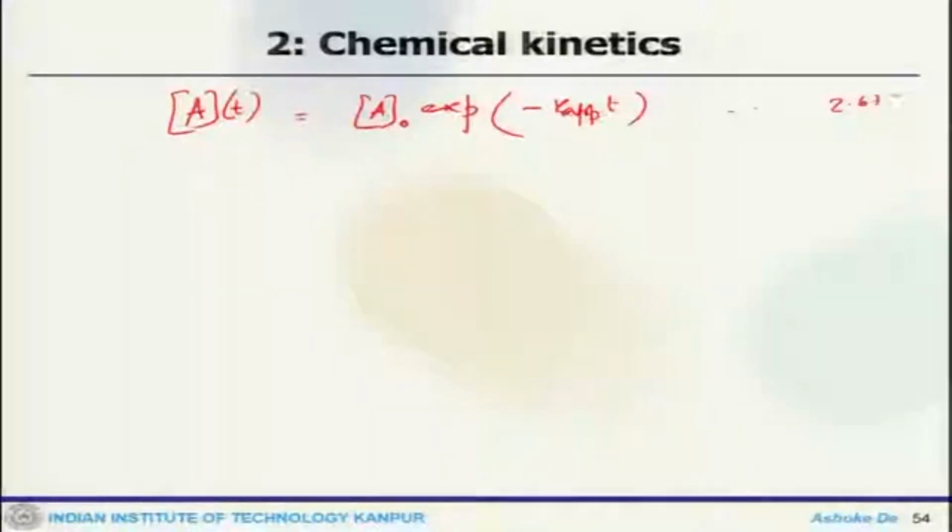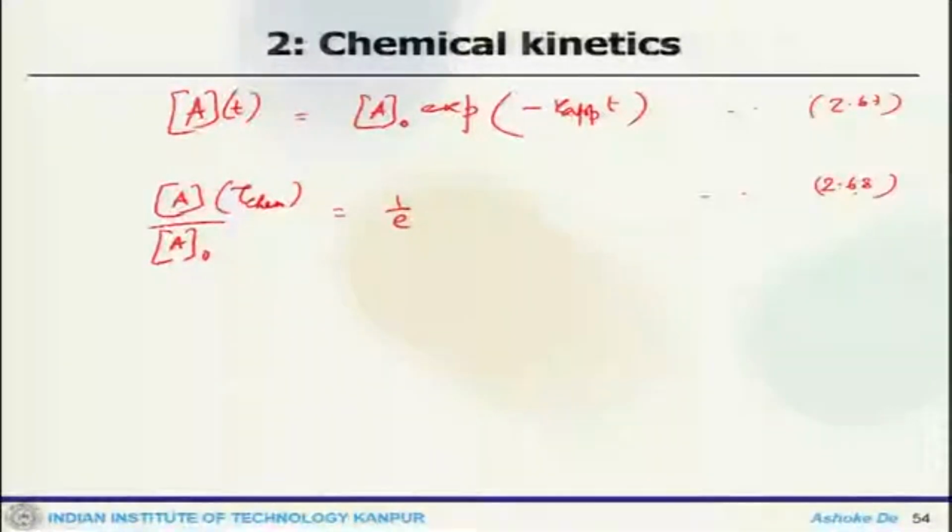Now the characteristic time scale can be defined as the time required for the concentration of A to fall from its initial value to a value equal to 1 by E times the initial value. So that means the ratio of A to A naught will be 1 by E. So this is the characteristic time scale.